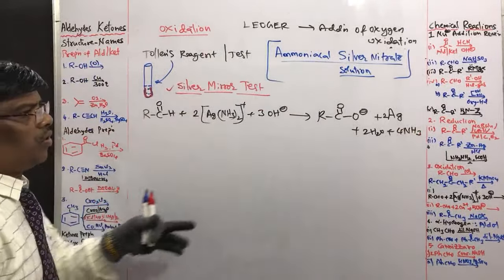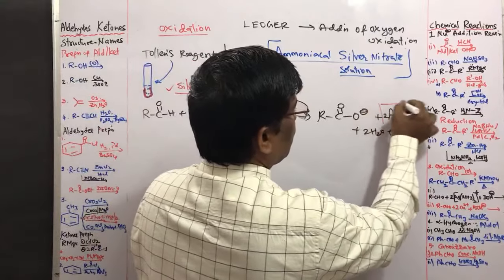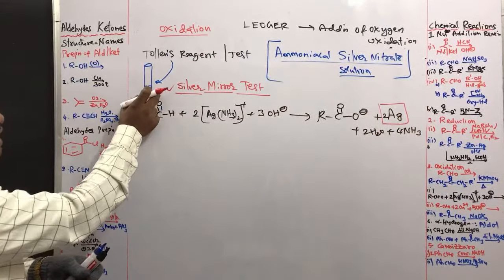Yes, 2 into 2, 4. So this silver is going to be formed as a layer on the test tube.